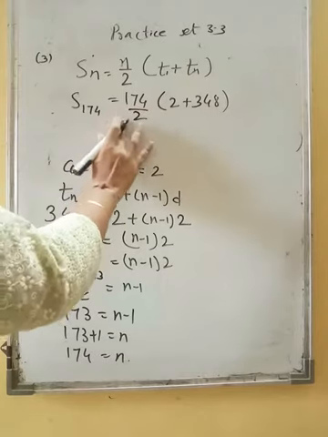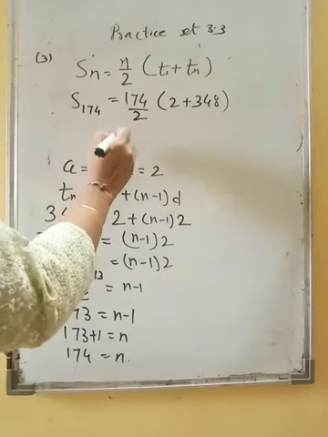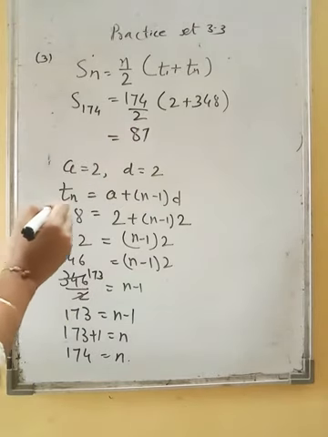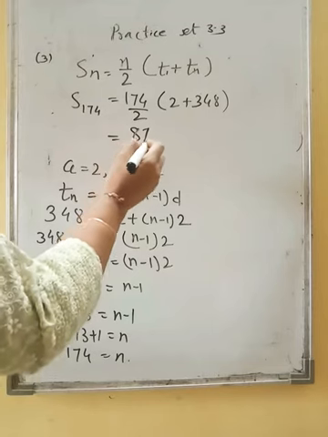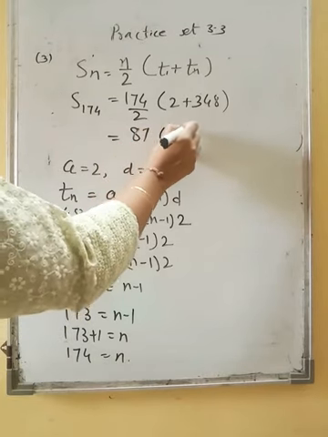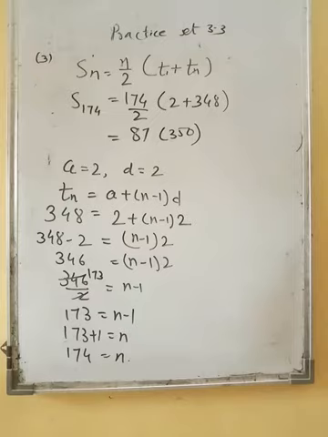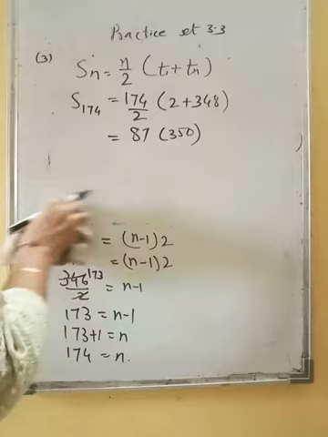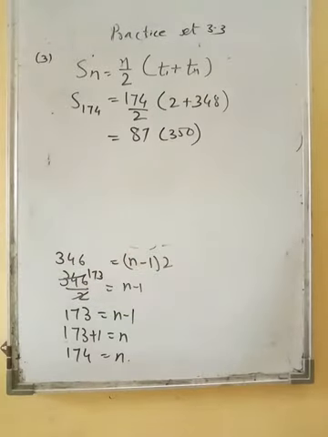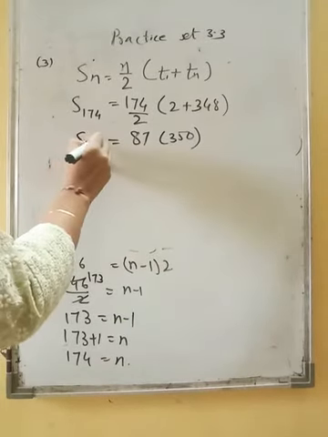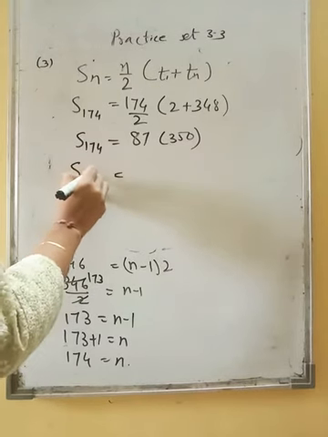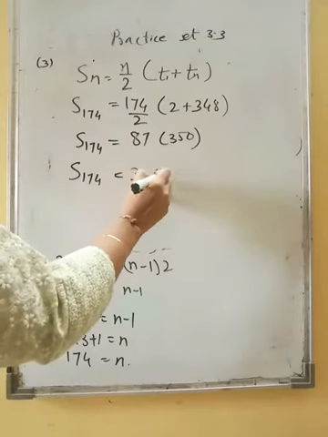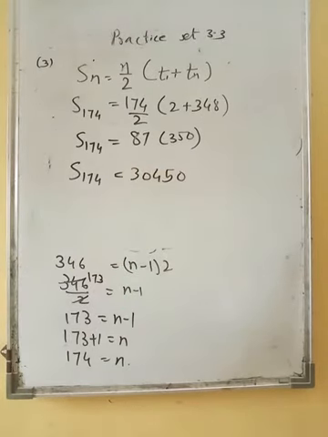n upon 2 is there, no? So 174 upon 2 comes out to be 87. So 87 into 350. That comes out to be 30450.